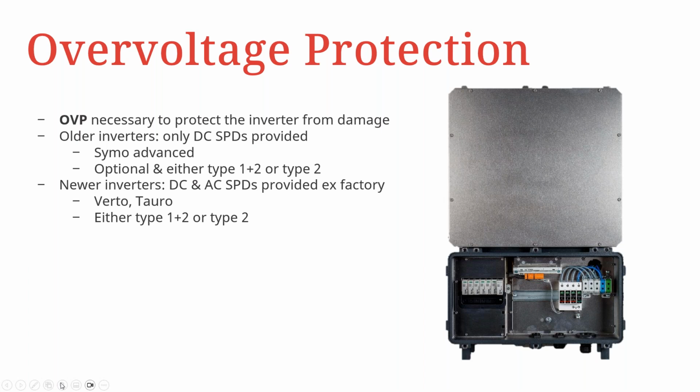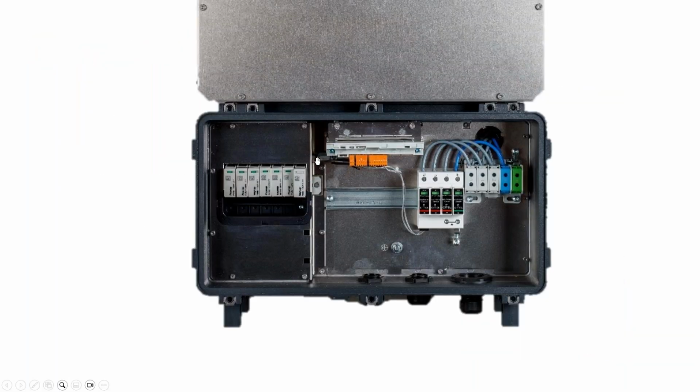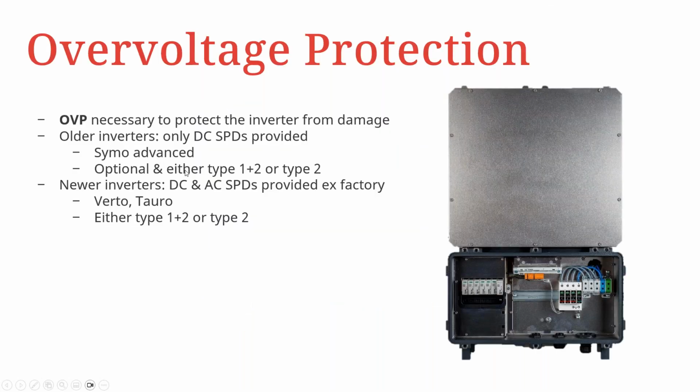So you can see from this back view of the Battery that both DC and AC SPD have been implemented. So you can either come in type 1+2 or type 2, depending on the specification and nature of the region of installation in play.